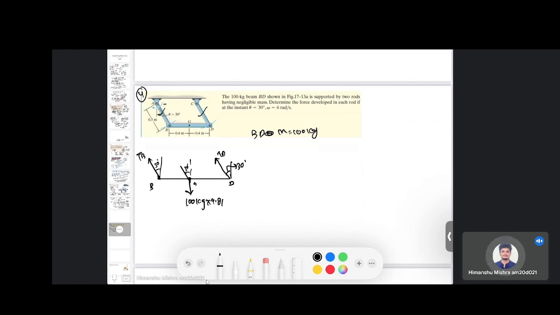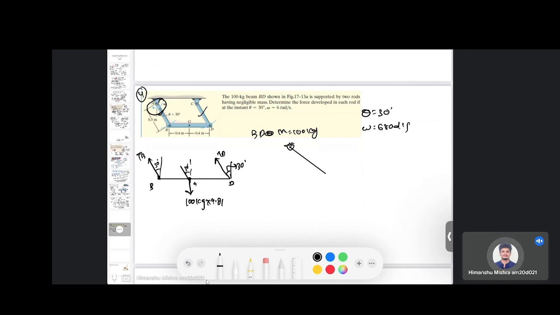And if I consider the rod here, we need to determine the force at the rod at the instant when theta equals 30 and omega is 6 rad per second, which means this rod has some angular velocity given by this.